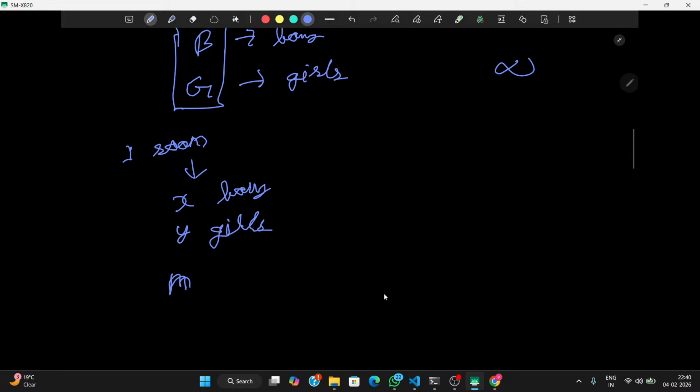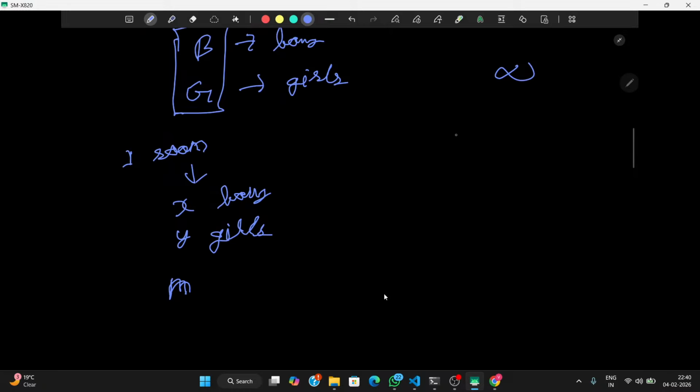So, first of all, if we consider any room, there should be at least X boys plus at least Y girls. So, in total, if a room is occupied, there should be at least X plus Y people in that room. And there should be at most N people.